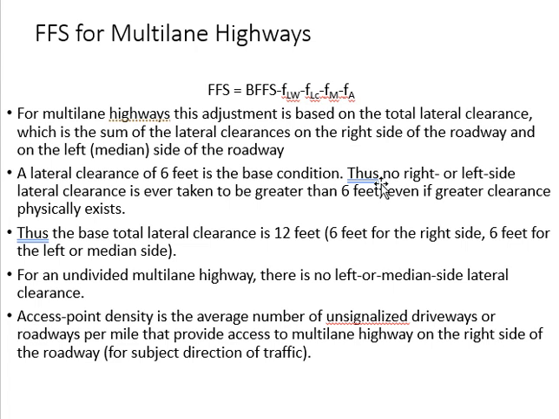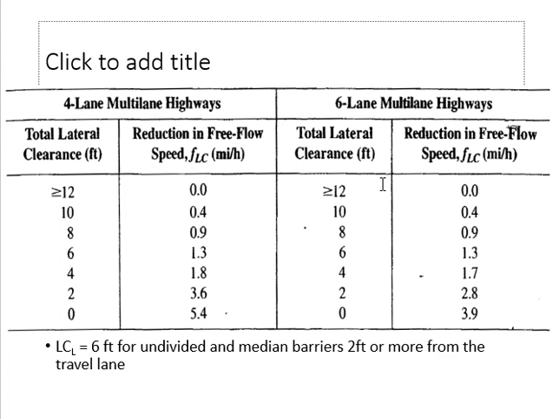How? In FLC, the clearance on the left hand side is always taken as 6 feet for undivided. In FLC, you need total lateral clearance. So total means I will take the value from the right hand side plus 6 feet on the left hand side for undivided highways, always.